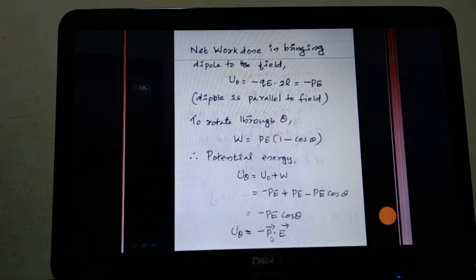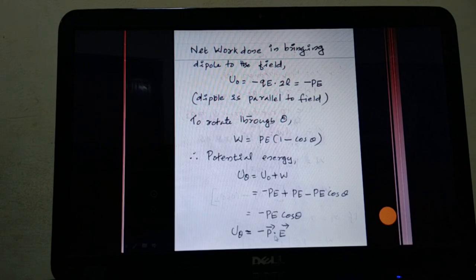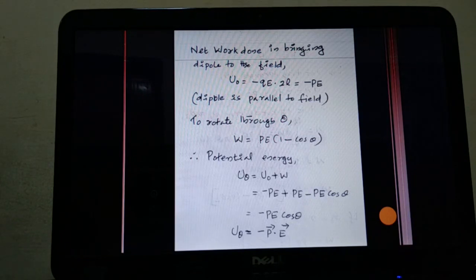So U theta will become minus PE cos theta, that is the magnitude of one vector and the magnitude of another vector multiplied by cos theta, which is the dot product between these two vectors, that is minus vector P dot vector E. This is the net work done, the total work done on the dipole to bring it from infinity parallel to the electric field and to get it rotated. That is the total energy of the dipole.